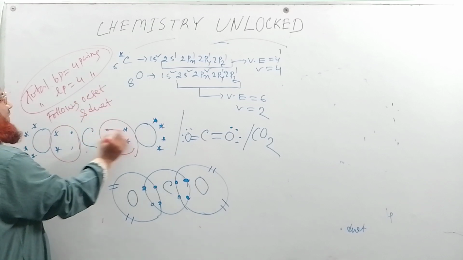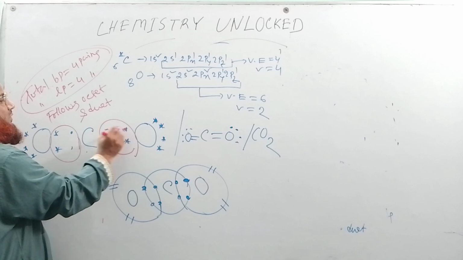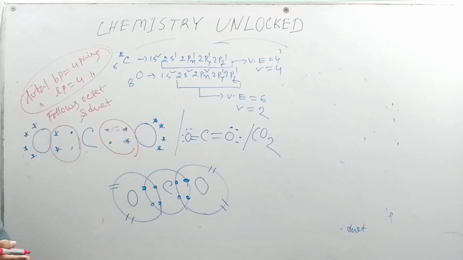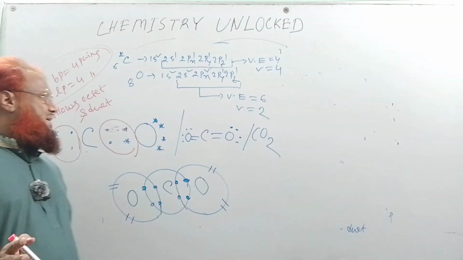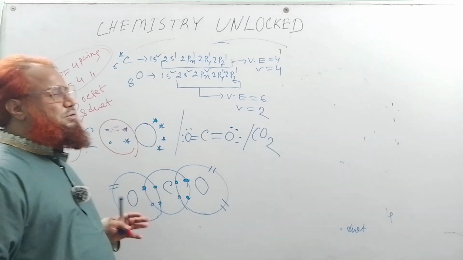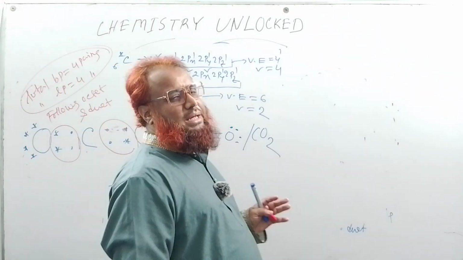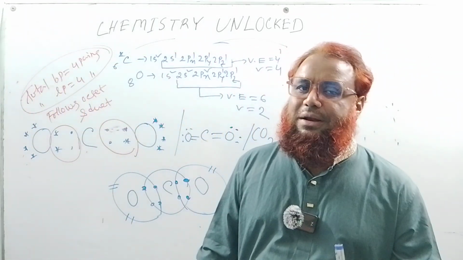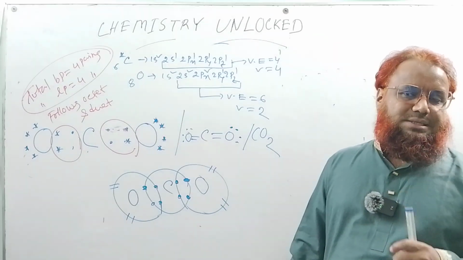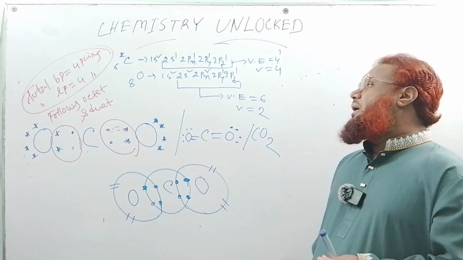Because every covalent bond, we know, is made by 2 electrons, that is a duet of electrons. So they are following what rule? Duet rule. So I think these diagrams and structures, electronic configurations, everything will help you understand the covalent bond for students reading at SSC level and O levels also.